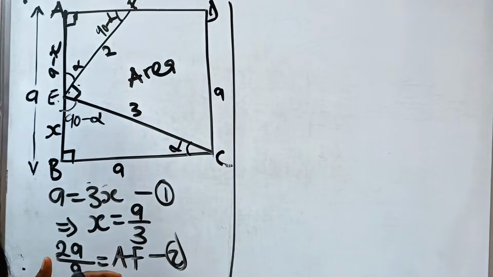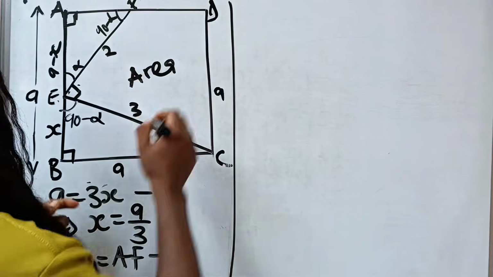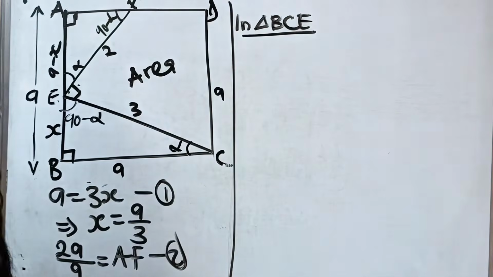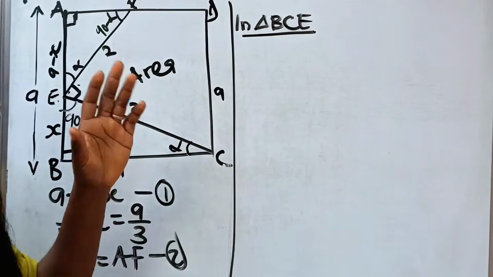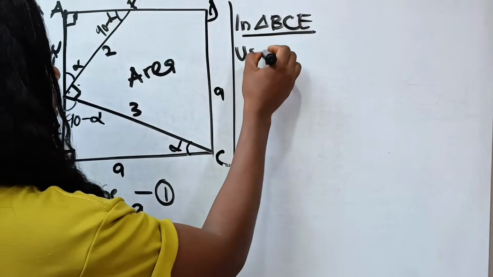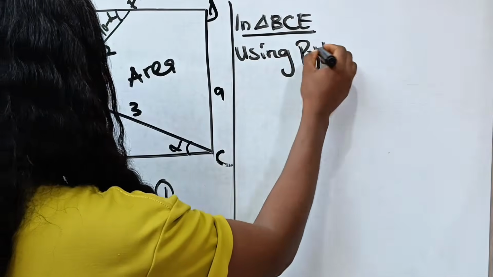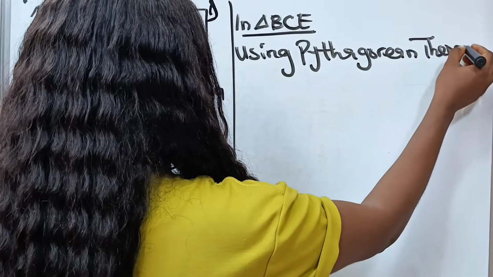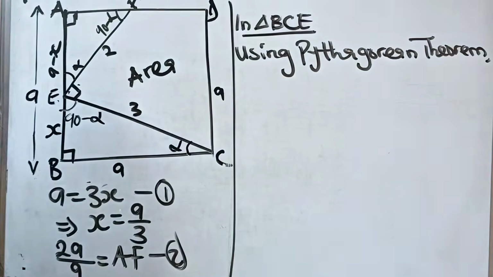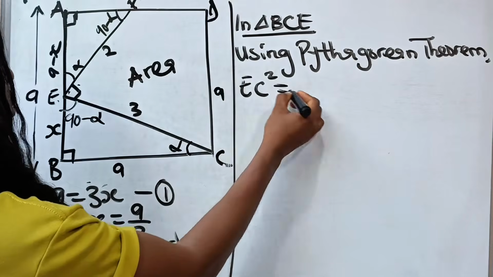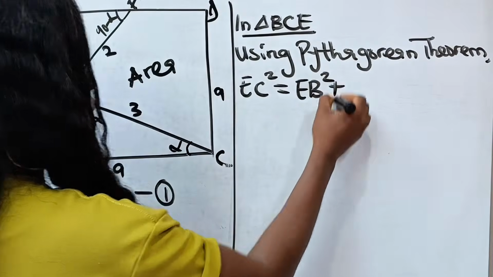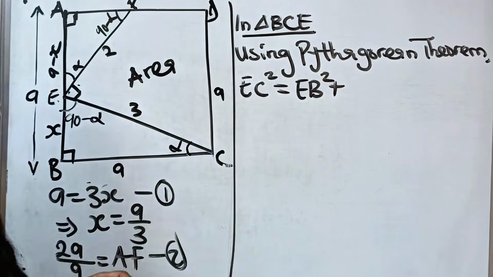Looking at triangle BCE. So in triangle BCE, we have that using Pythagorean theorem, EC squared will be equal to EB squared plus BC squared.